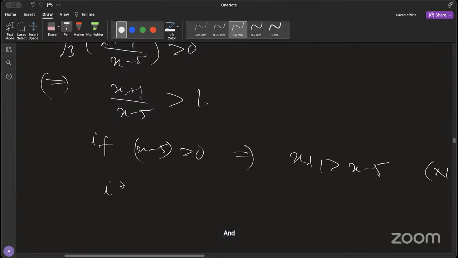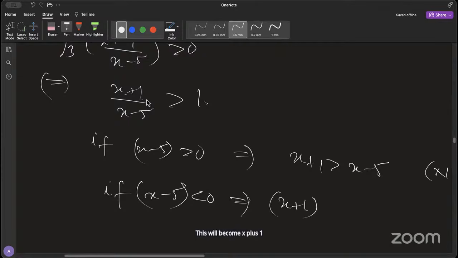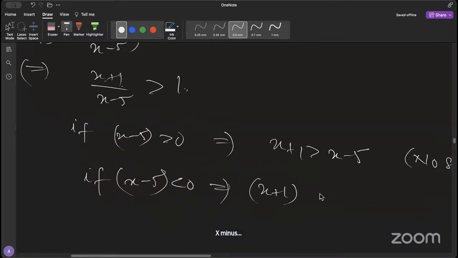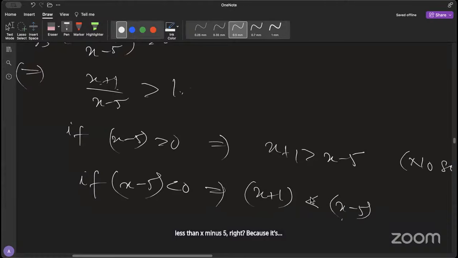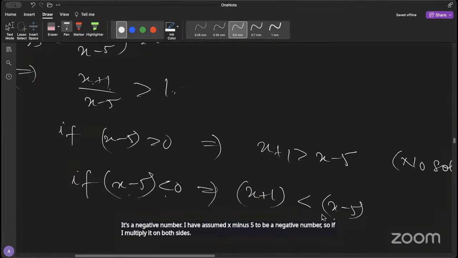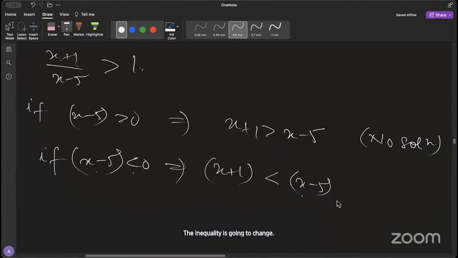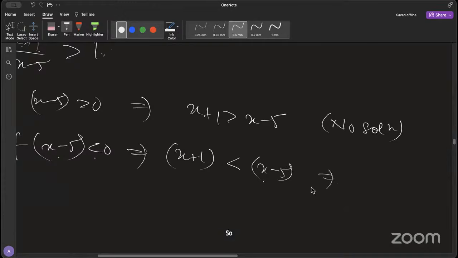And if x minus 5 is less than 0, and I multiply x minus 5 on both sides, I'll get x plus 1 less than x minus 5, because it's a negative number and the inequality is going to change. That's also incorrect. That means this approach is not working, right?